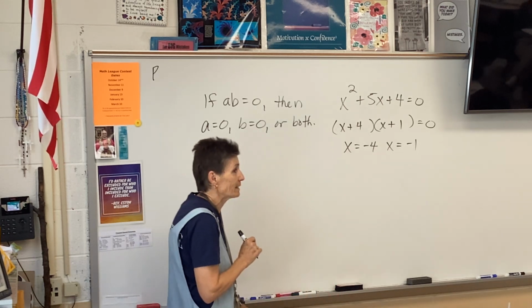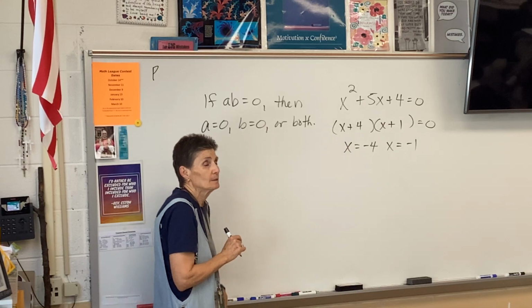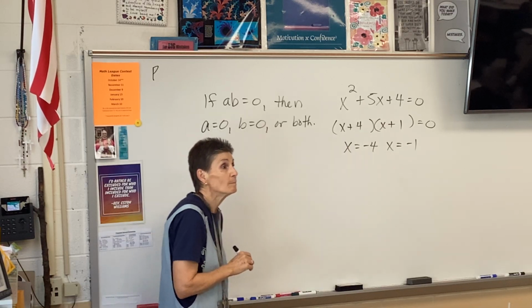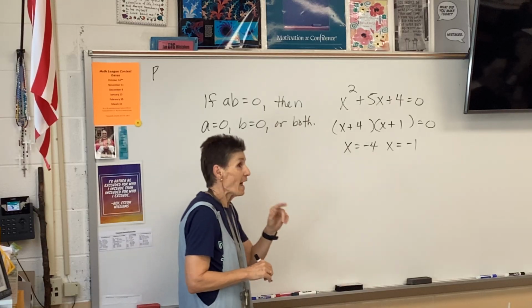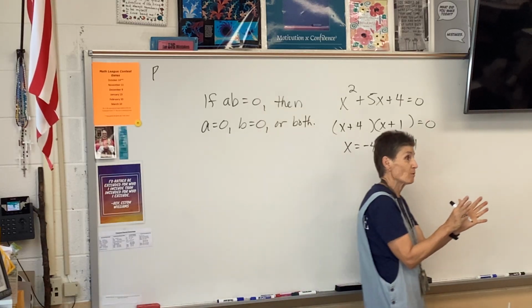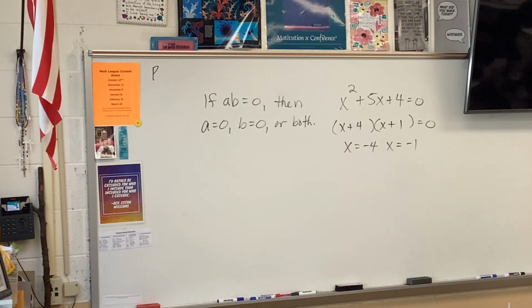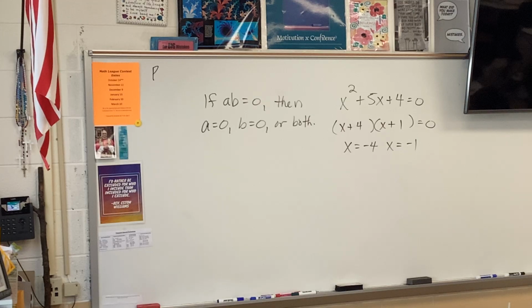What's a quadratic equation? Y equals x squared. Well, that is an example of a quadratic, there's no question about it. I am dealing now, not with functions, but just an equation, so one variable. This is a quadratic equation.